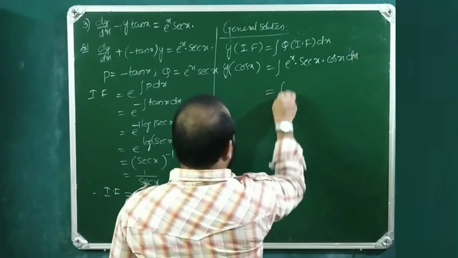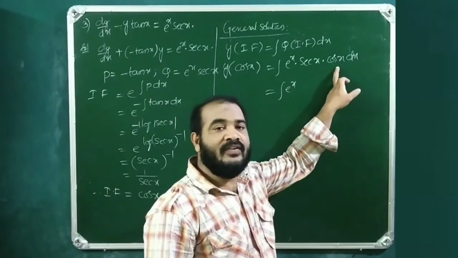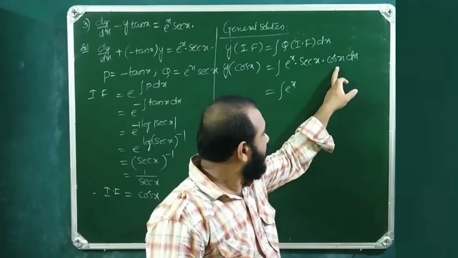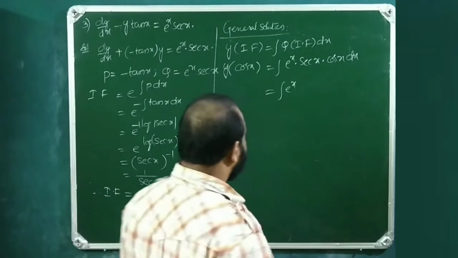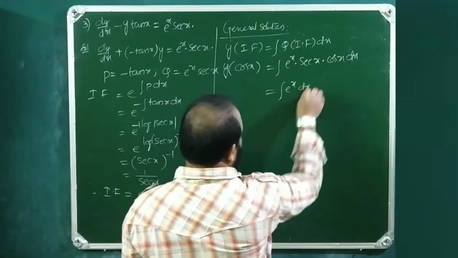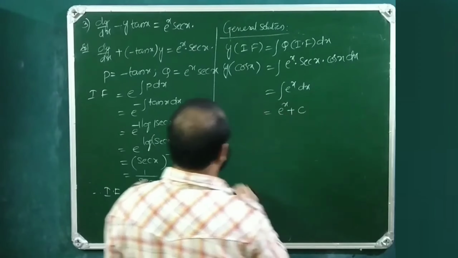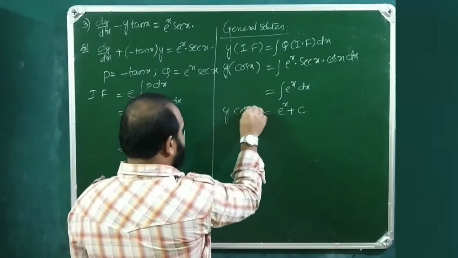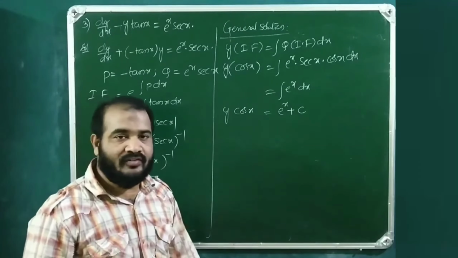Secant x and cos x are reciprocals of each other; secant can be written as 1 by cos. Cos gets cancelled, so we are left with e power x dx only. Integral e power x dx is e power x plus constant of integration c. So y cos x equals e power x plus c is the required general solution.